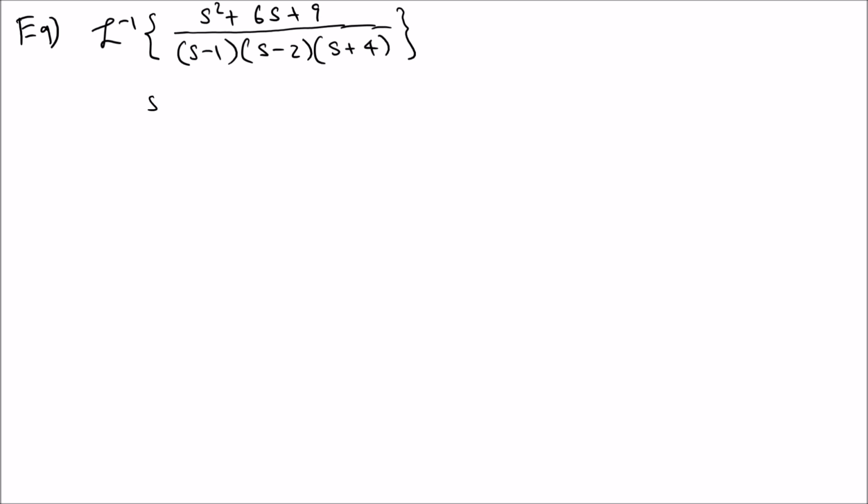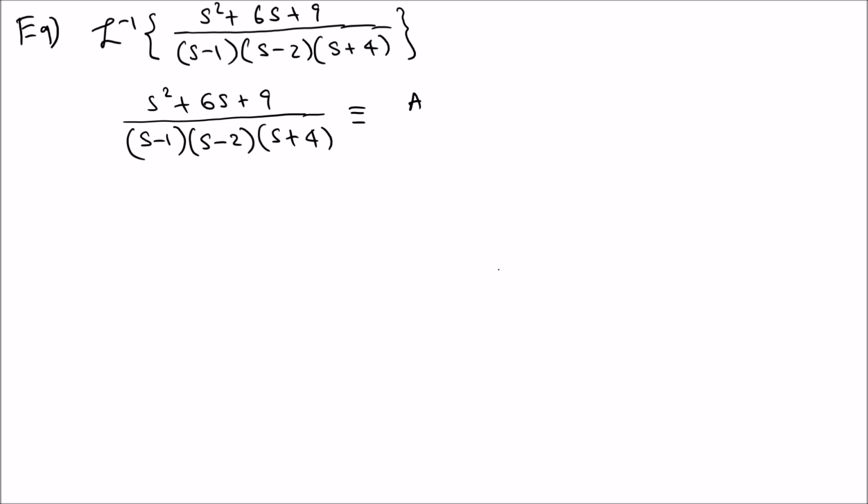So we can write (s squared plus 6s plus 9) over (s minus 1)(s minus 2)(s plus 4). When you have linear factors, you can also use a shortcut, what we call the covering method. But these are easy, so it doesn't take more than a minute to find everything.